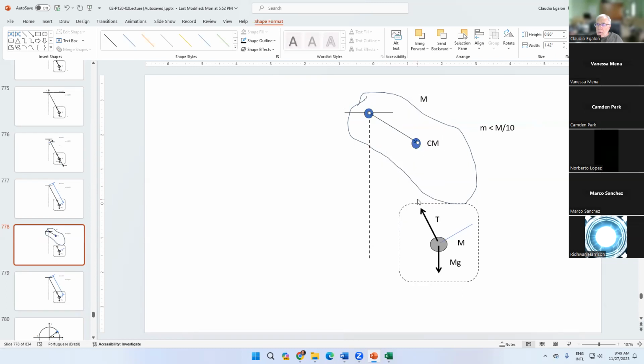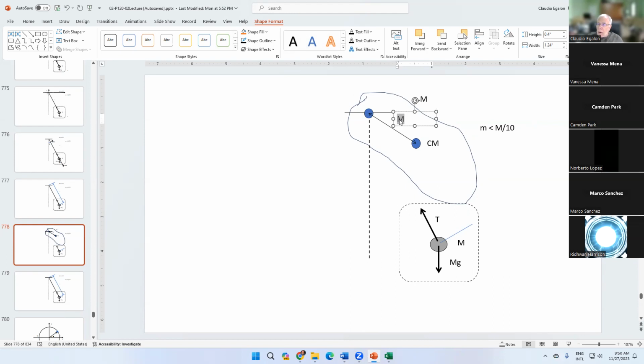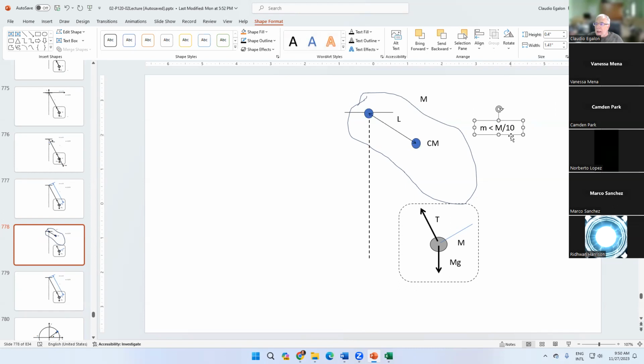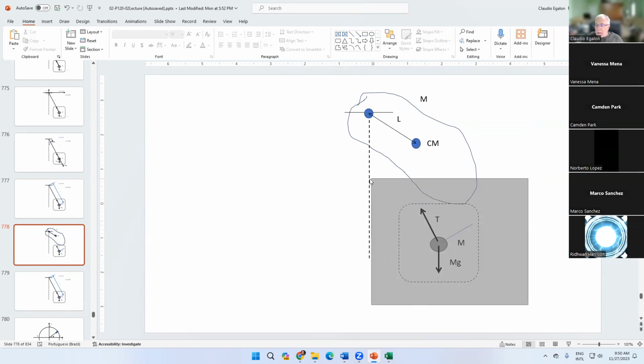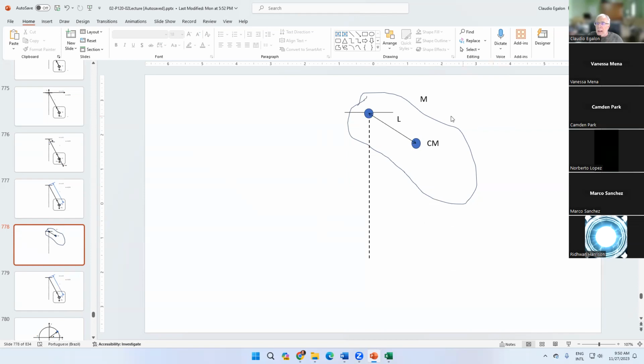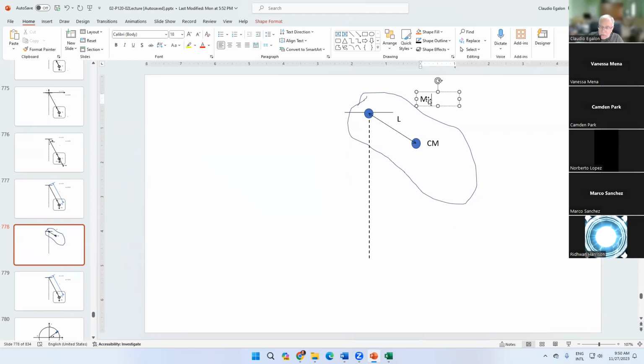The distance from the point of rotation to the center of mass of the rigid body is L. And by the way, this not only has a mass m, but it has a moment of inertia I. Here's the angle theta.